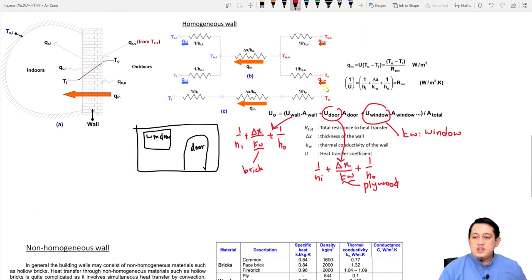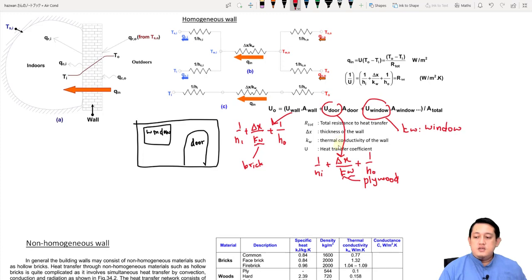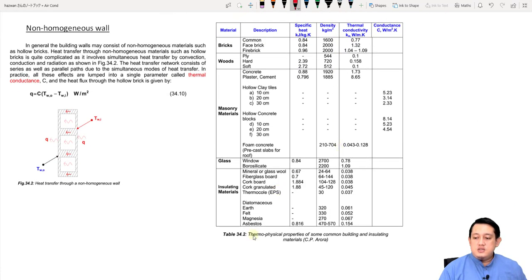So as I mentioned earlier, different materials have different thermal conductivity. So this is the table for you to determine the thermal conductivity of the materials here. Let's say we have common bricks, we have 0.77, and then glass we have 0.78, and then look at insulating materials.